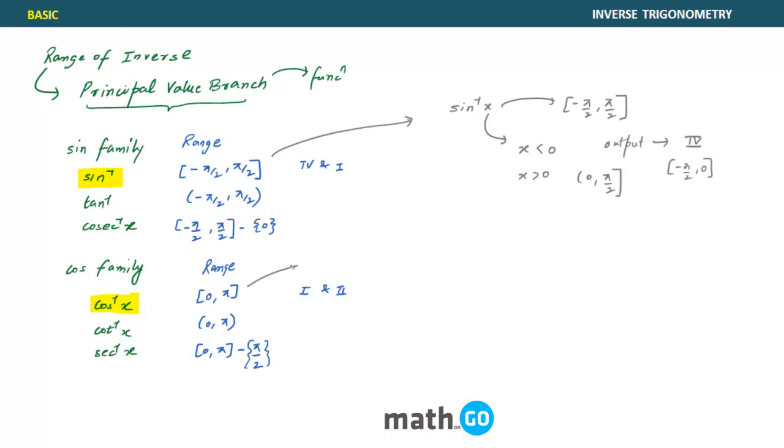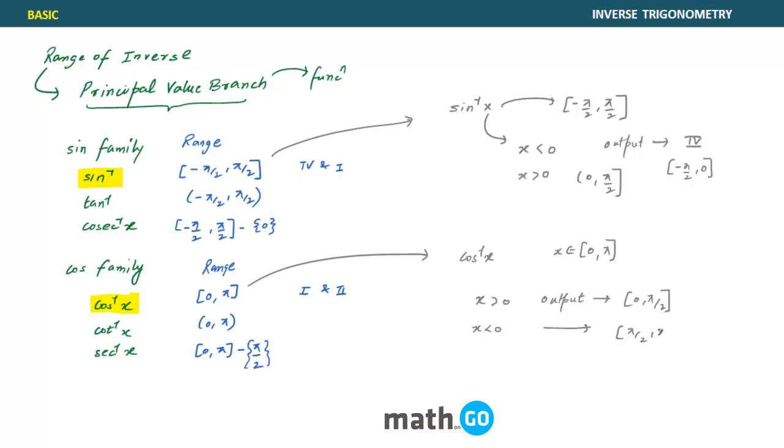If I talk about cos inverse, cos inverse x takes values when x belongs to 0 to pi. If x is positive, the output will be a first quadrant angle, so your output will be from 0 to pi by 2. Remember this. And when x is less than 0, your answer should come out in the second quadrant.